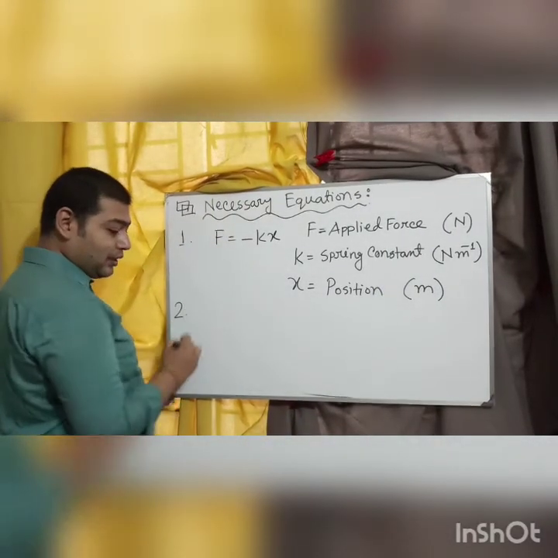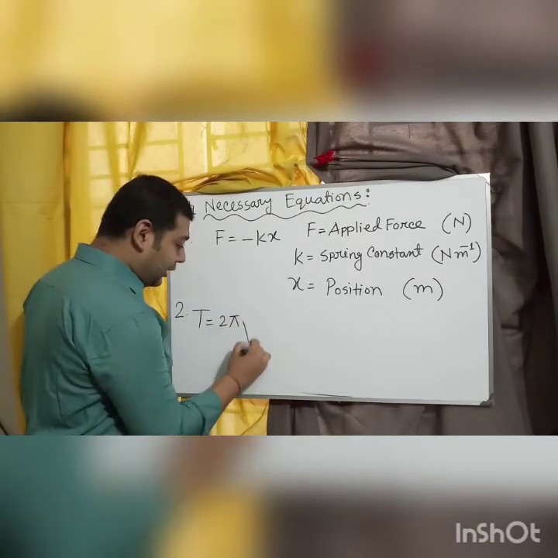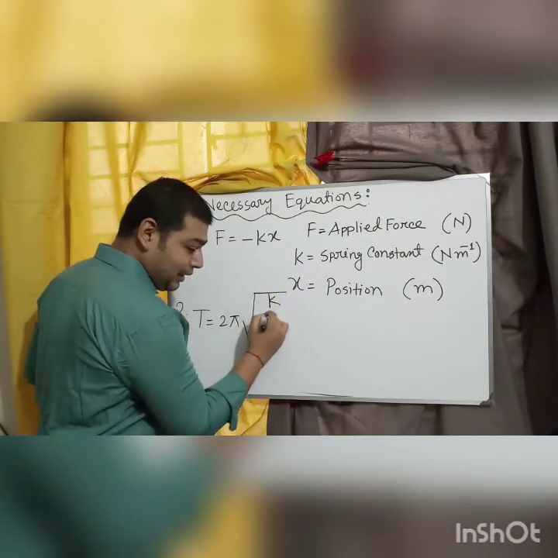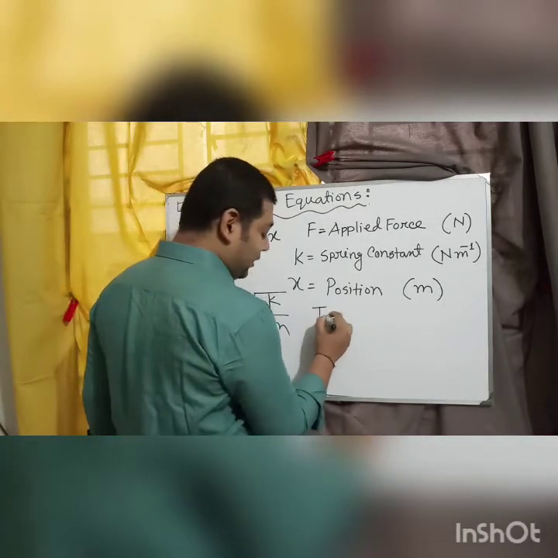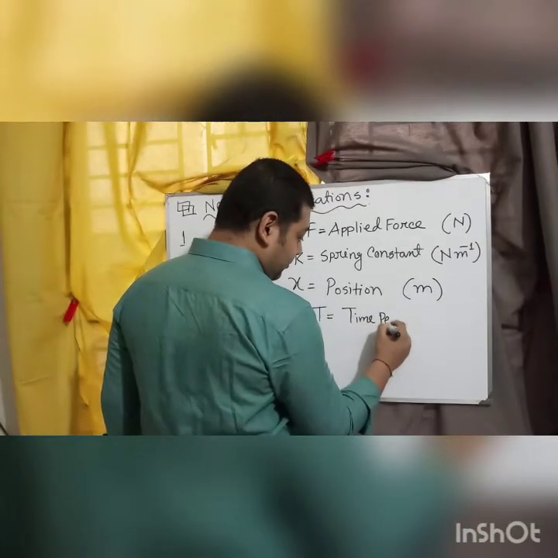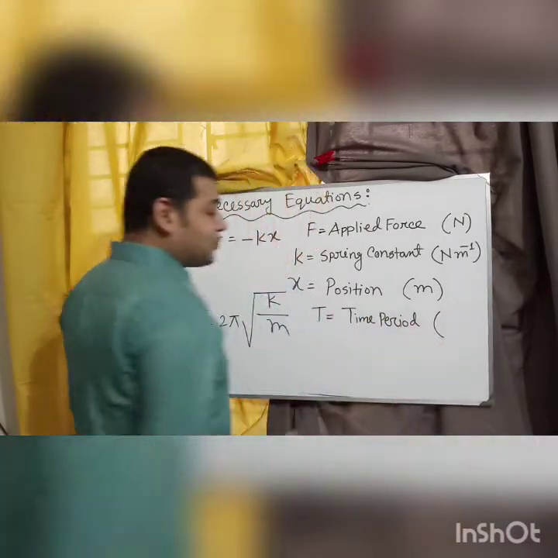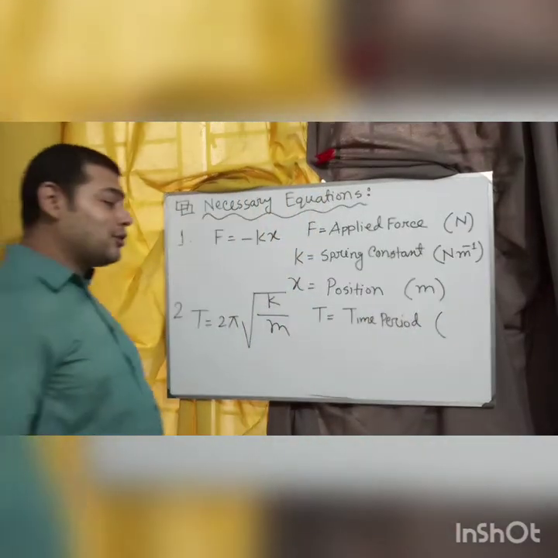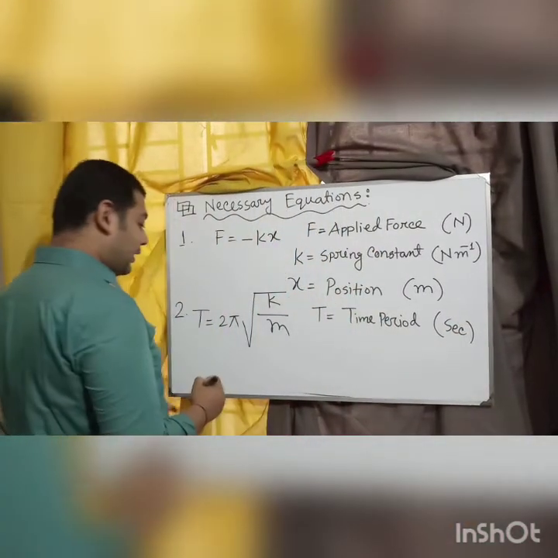Equation number 2 is T = 2π√(m/k). Here T is denoted as the time period. The unit of time period is time, so the SI unit is second.